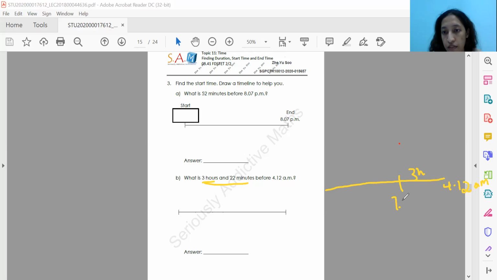Okay, so it's 1:12 a.m. Okay, so we have dealt with the hours. Now let us only focus on the minutes, 22 minutes. So let us do from 1:12 to 1:10. That would be 2 minutes, right? And then from 1:10, let us do 20 minutes.